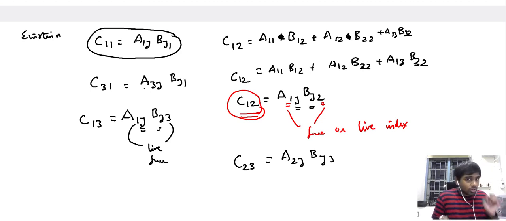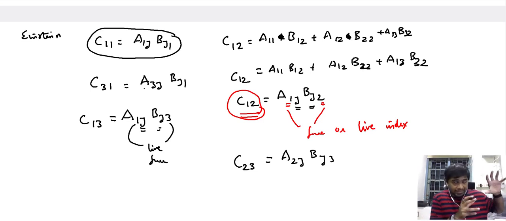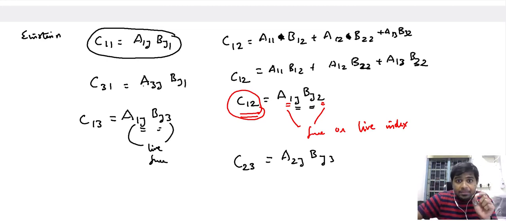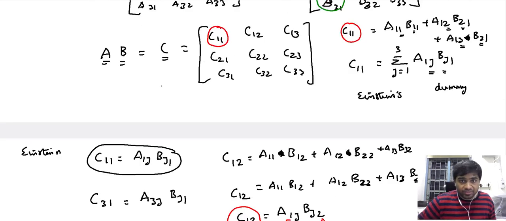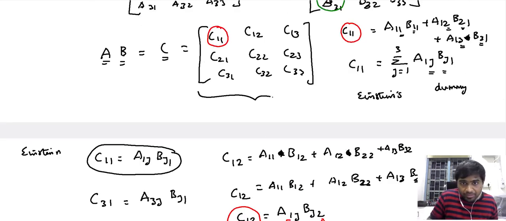So depending on the values assumed by the live or free indices, we are talking about a separate entry in the product matrix. So all these elements of the product matrix can be represented as Cik, which is the product of Aij and Bjk. Here we have used j to represent the dummy index, so it will no longer be involved.